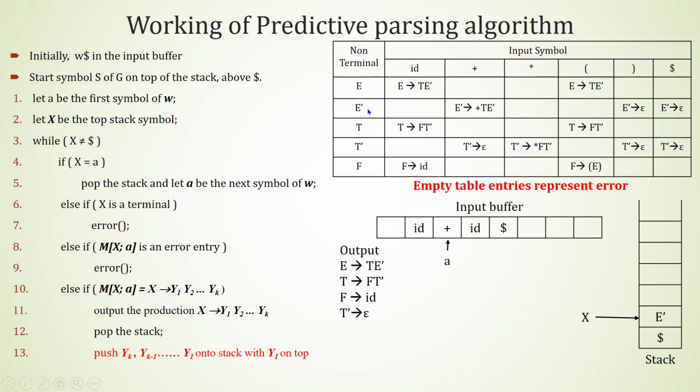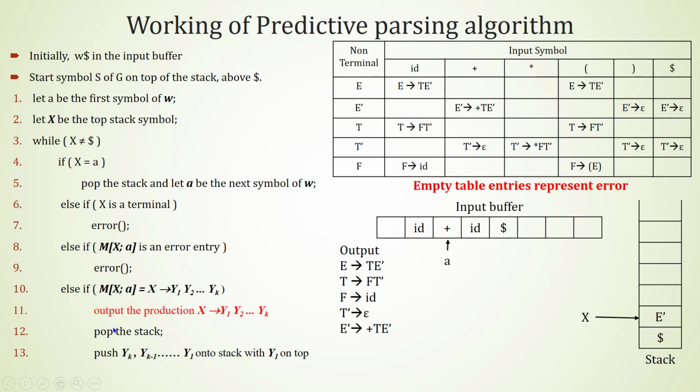The E', plus entry is not empty, so this condition is also false. M[X, A] means E', plus contains the production E' gives plus TE', so that will be printed as output.